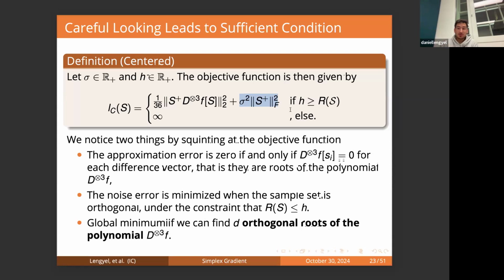So if we can find the orthogonal roots of this third-degree polynomial, then we know that we have found the global minimum. That should be the first goal to go with. Let's find these D orthogonal roots, and then we should hope for quite a bit of improvement.